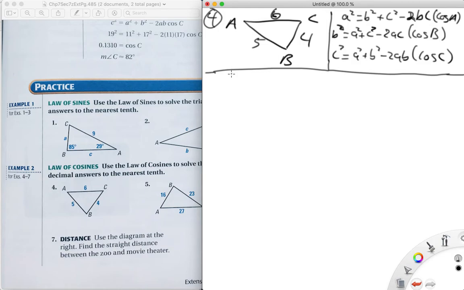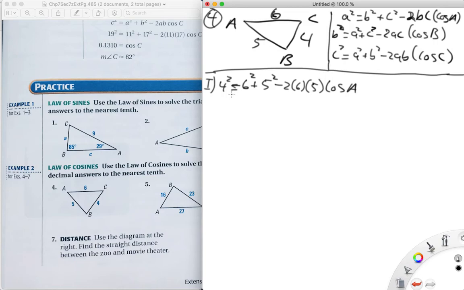We have all three sides. So to find the first angle, A squared is opposite of A, so that's 4 squared, equals B squared is opposite of B, 6 squared, plus C squared, which is 5 squared, minus 2 times 6 times 5 cosine of A. So this is 36, 25, 16.